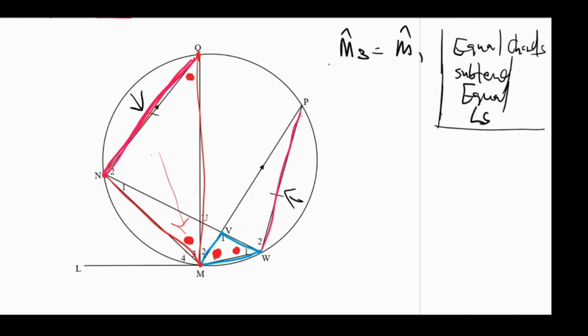And we've proven that in the previous question. So angle Q is equal to W1. So you can simply say proven. So yeah, now we have two angles that are equal. It's M3 and M1, Q and W1.